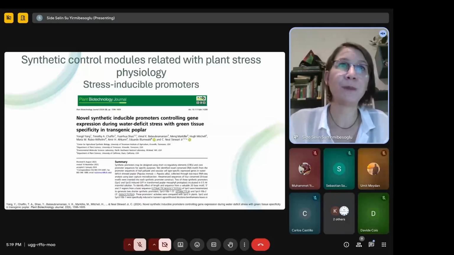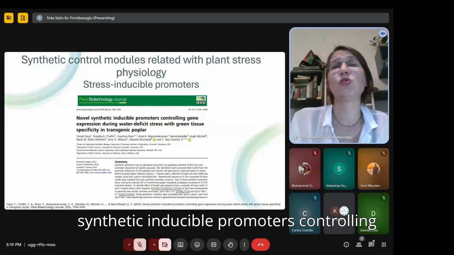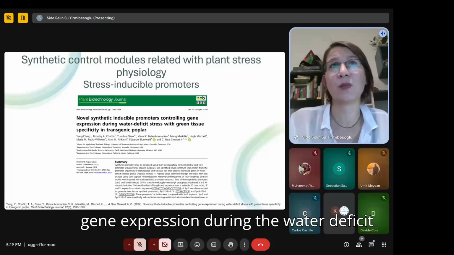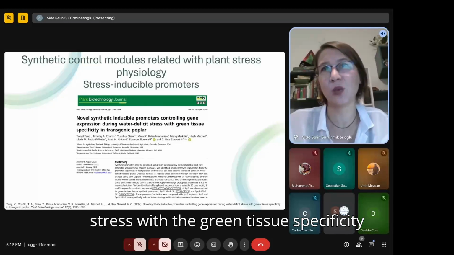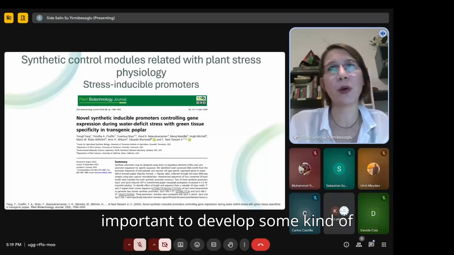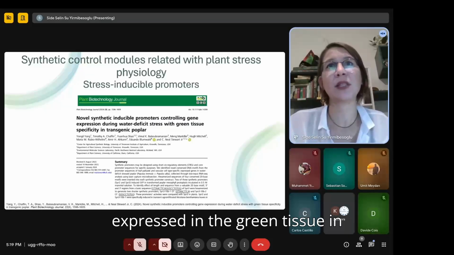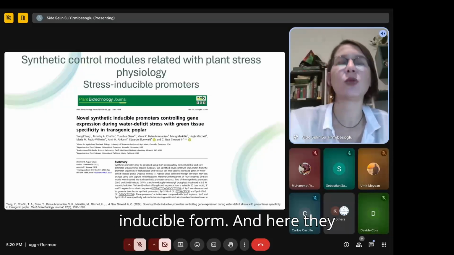For example, Young et al. show us novel synthetic inducible promoters controlling gene expression during water deficit stress with green tissue specificity in transgenic poplar. It is very important to develop promoters which are expressed in the green tissue in inducible form.